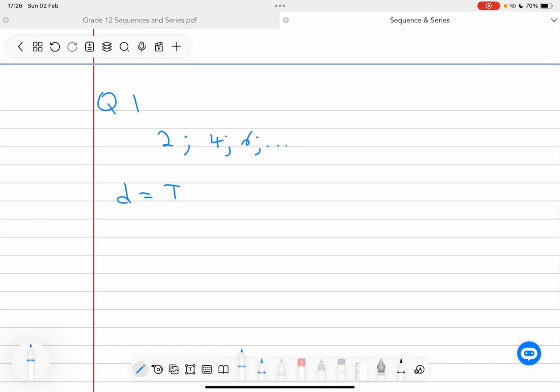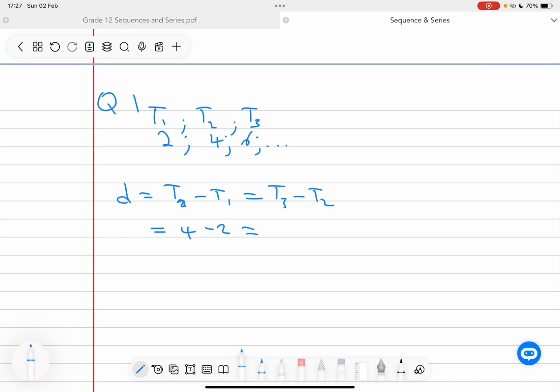This is to say that term 2 minus term 1 should be equal to term 3 minus term 2. So if I take term 2, which is a 4, remember, if I write this at the top here, this is term 1, term 2, and this is term 3. Now I'm saying term 2, which is a 4, subtract term 1, which is a 2.